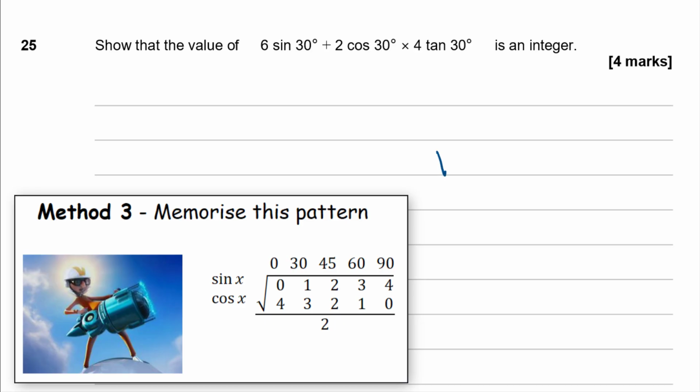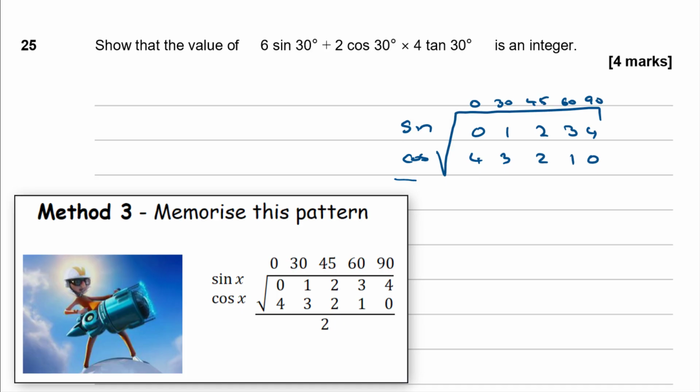So I remember a big square root symbol, and I write sine and cos next to it. Along the top I write 0, 30, 45, 60, 90, which are the angles I need to remember. Then under the big square root I write the numbers 0, 1, 2, 3 and 4, and then underneath that I would turn the numbers round, 4, 3, 2, 1, 0, and that's all divided by 2.